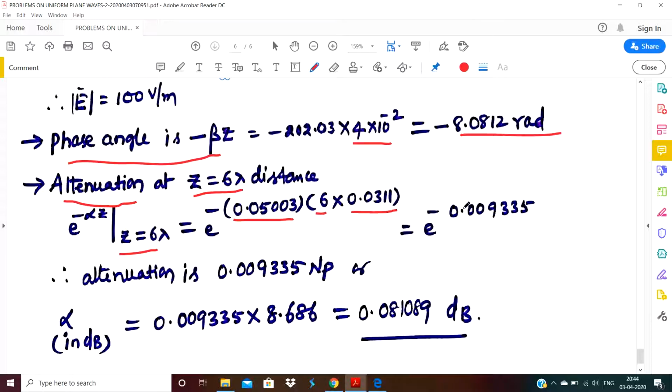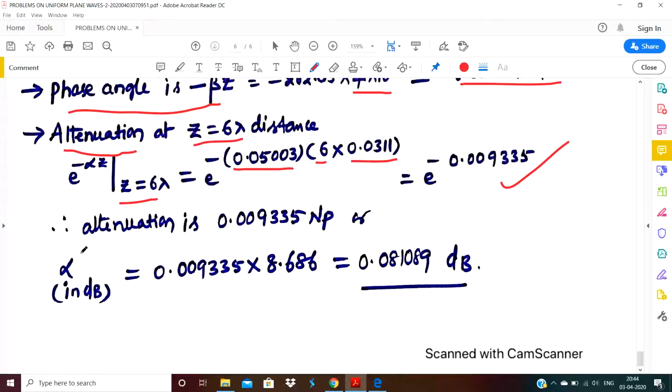It is e power minus 0.009335, and the attenuation in Nepers is 0.009335 Nepers. From Nepers to decibels we can convert by multiplying with 8.686. Therefore the attenuation in decibels is that Neper value into 8.686, which is 0.081089 decibels.